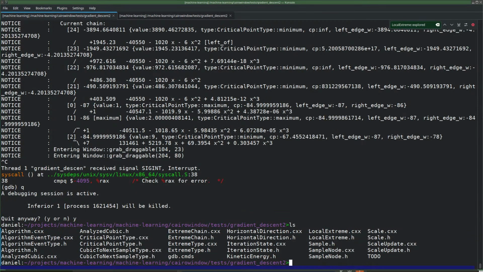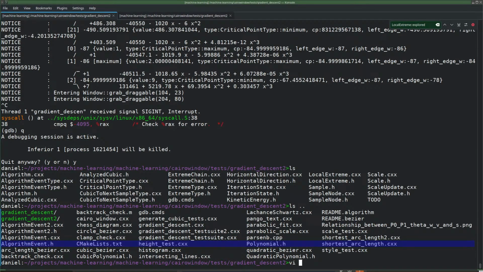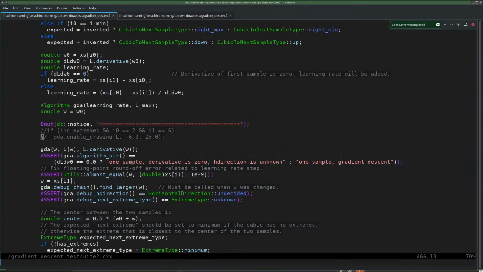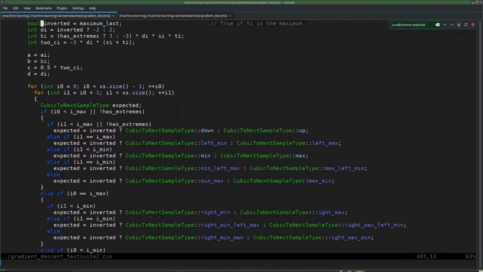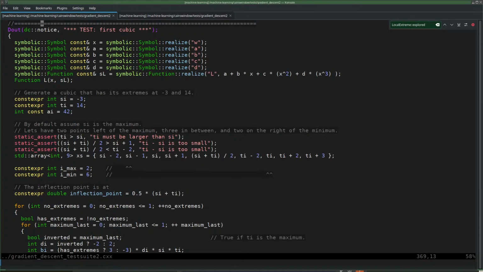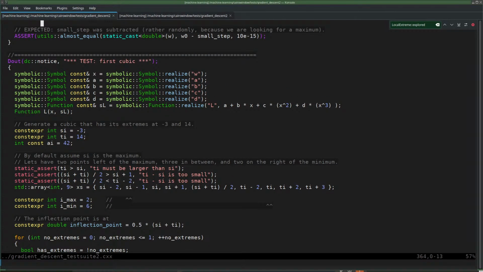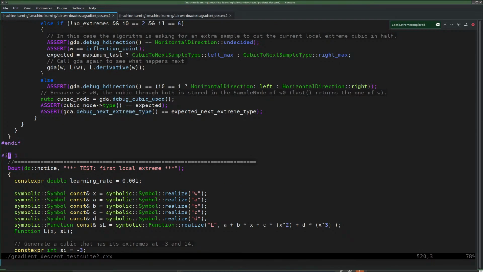Yeah, let's see if we can repair that. So in this case we had a function, this first cubic. No, I want to do this one.